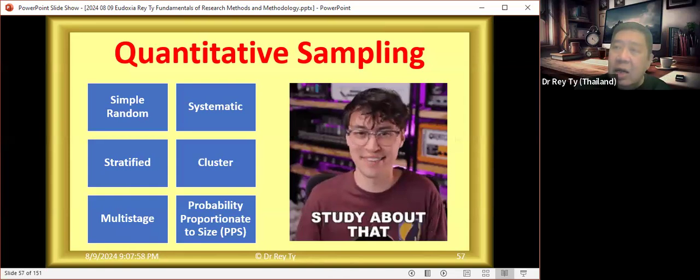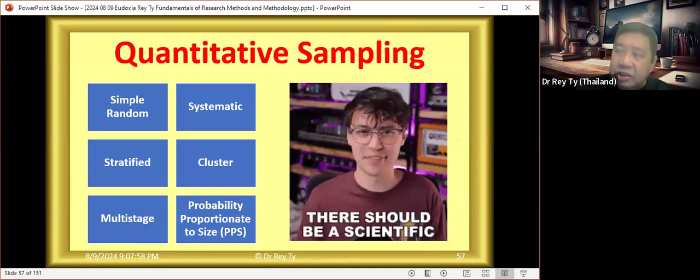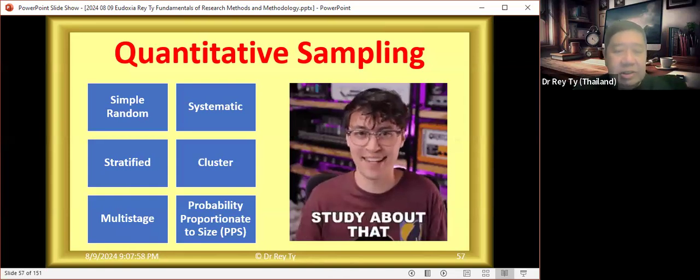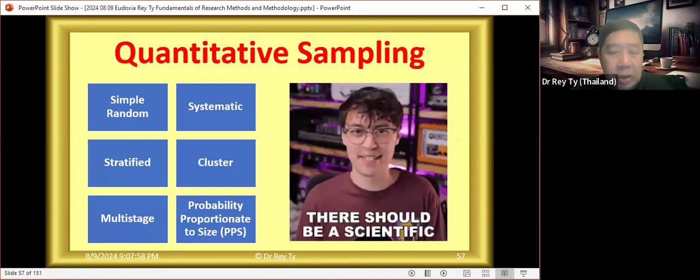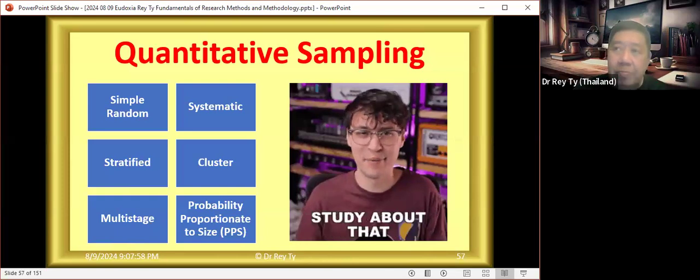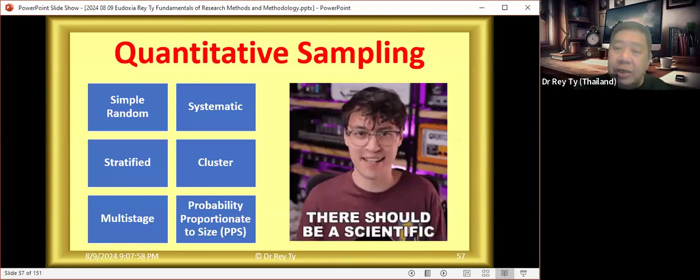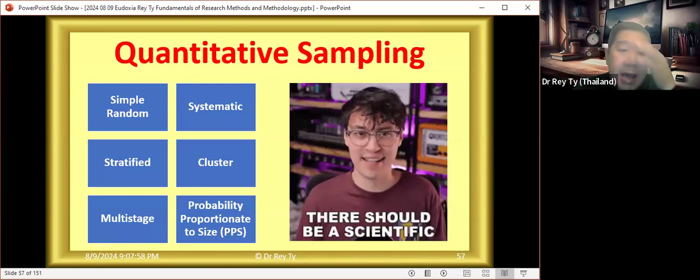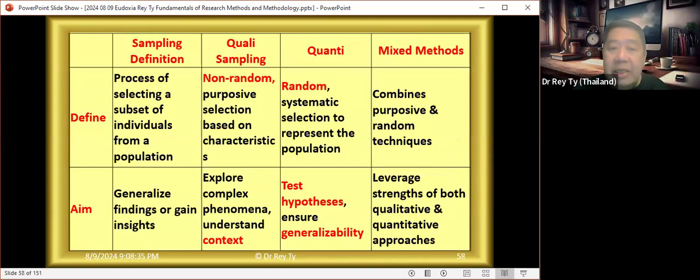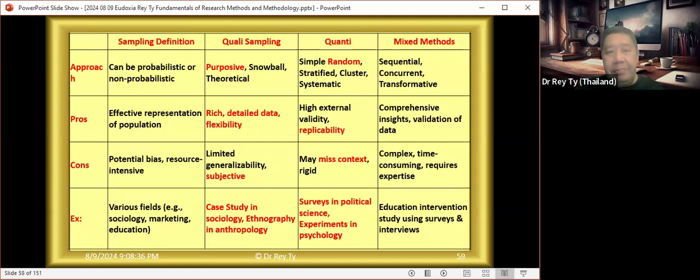Stratified, you would say, I would like somebody of this age, of that age, and of that age. Cluster, you would say people in this village, one group, in that village, another group. Multi-stage is during the early stage of your research, middle stage, and end stage. And then the probability of generalizability of your answer is greater because they are random.